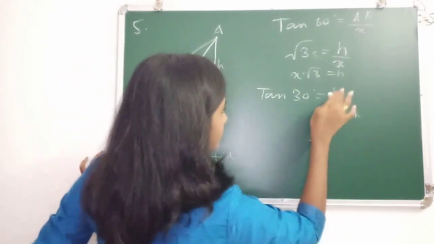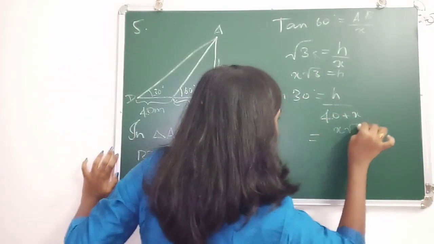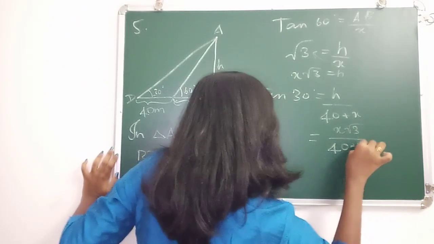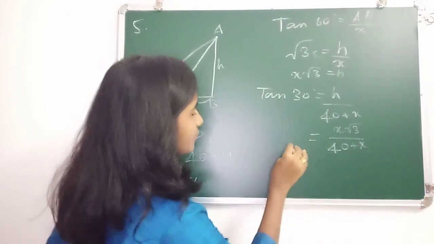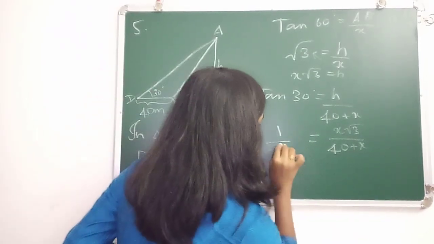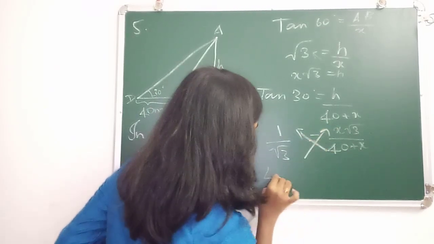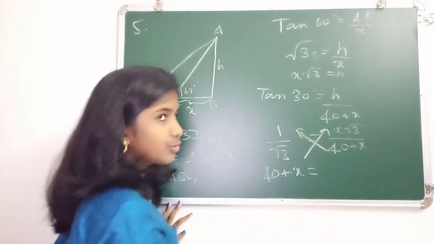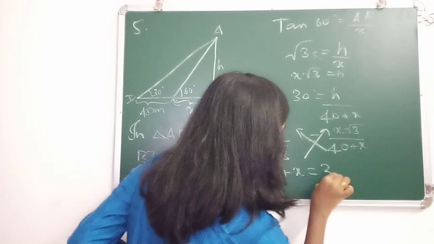Now we have the value of h to be x root 3, so x root 3 by 40 plus x. We have the value of tan 30 to be 1 by root 3. Now if we cross multiply, we get 40 plus x to be equal to x into root 3 into root 3. So root 3 into root 3 is 3. So we can take it as 3x.